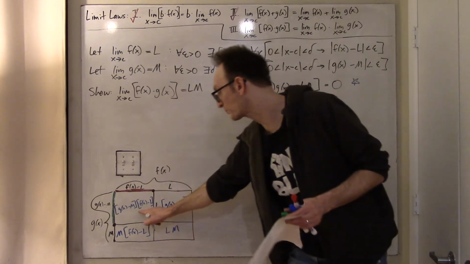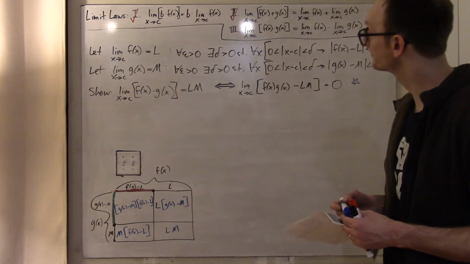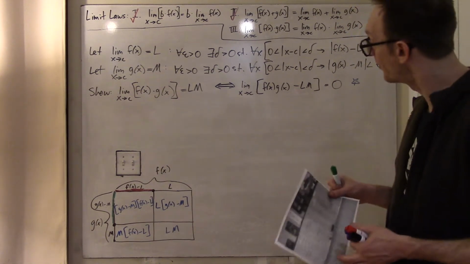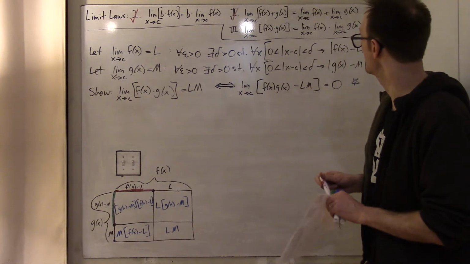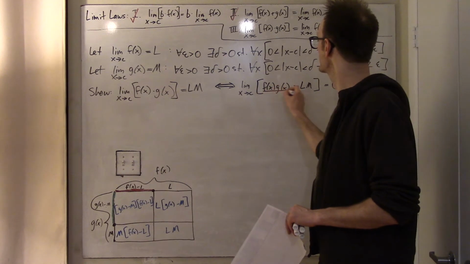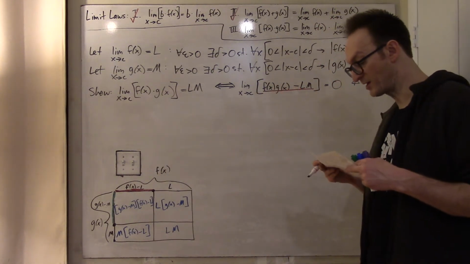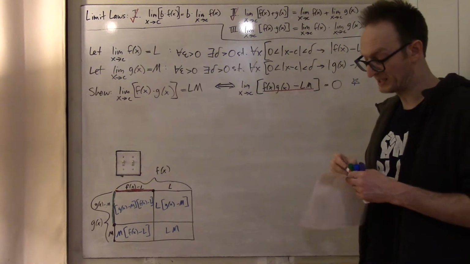So in fact, all three of these are very, very small. Okay, good. This limit here, I'm going to underline in red. This is the limit that I'm trying to show is 0, right? Well, let's get a better handle on this whole fg minus Lm thing.